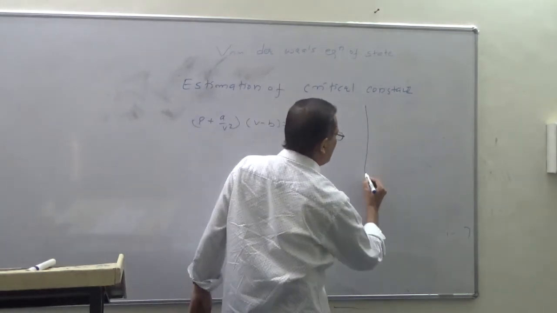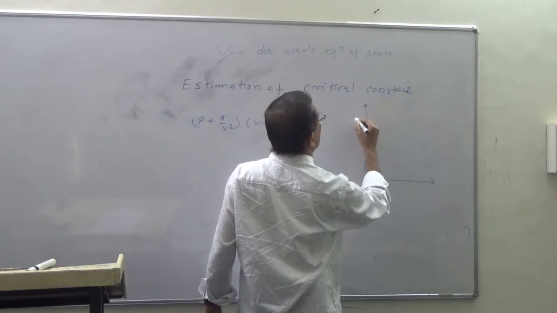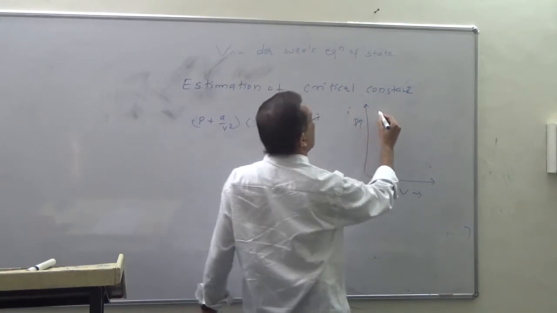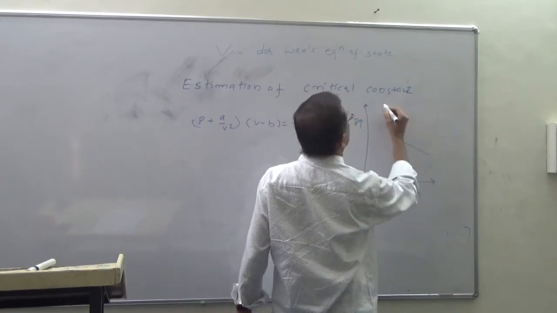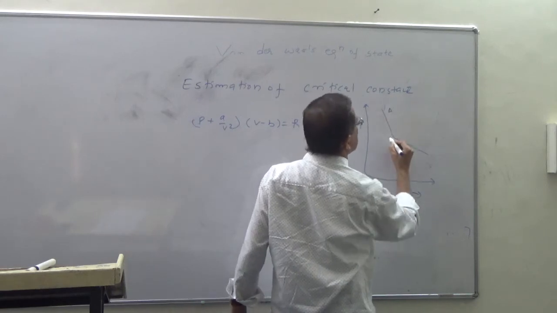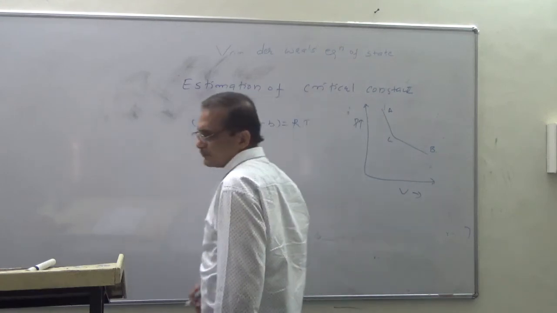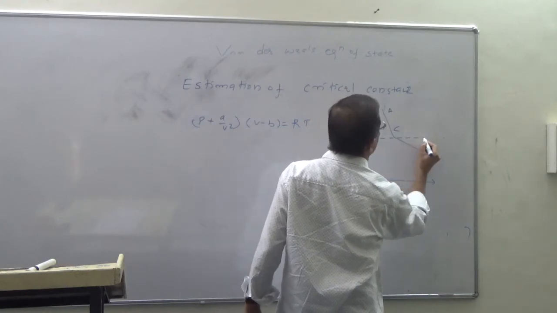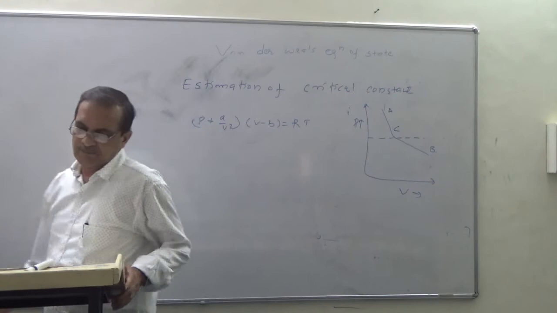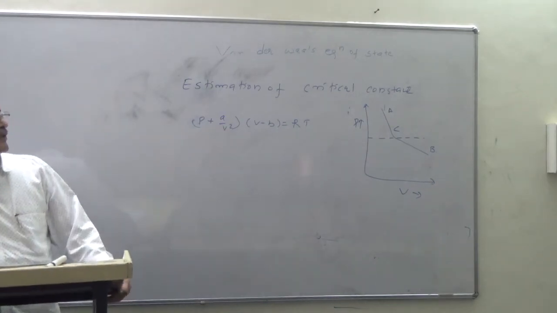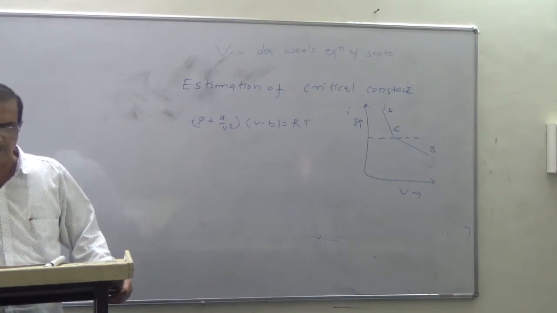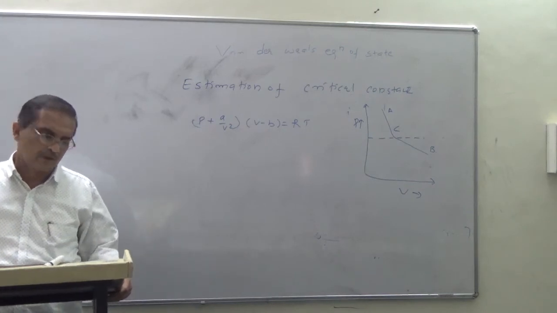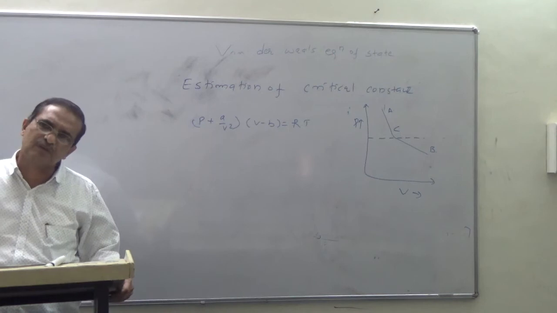Now we will have a graph at high temperature, pressure P versus volume V, with points A, C, B. This is an isothermal curve ACB. What is the observation from the curve?